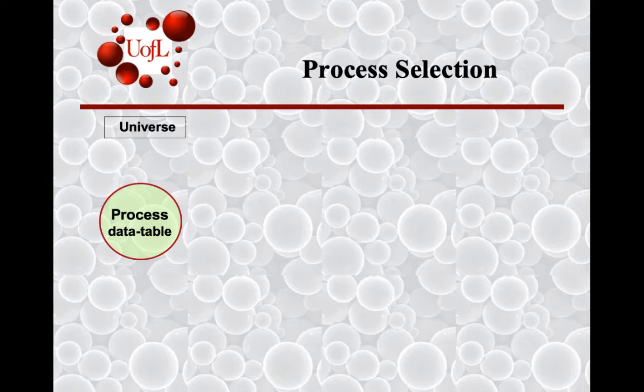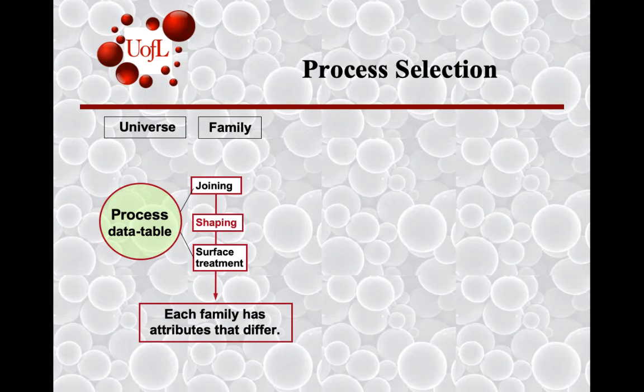So, we are focused on process selection during this module, and specifically, just like you had a materials universe in the Granta EduPack database, you have a process universe as well. Among that are listed a large number of processes, categorized as joining, shaping, surface treatment, and assembly.